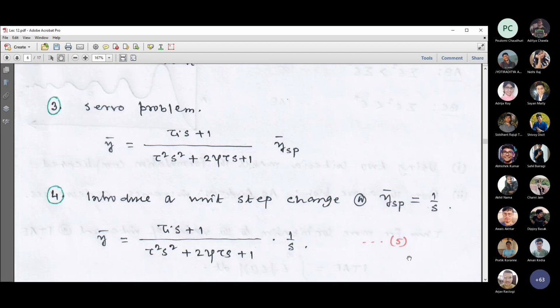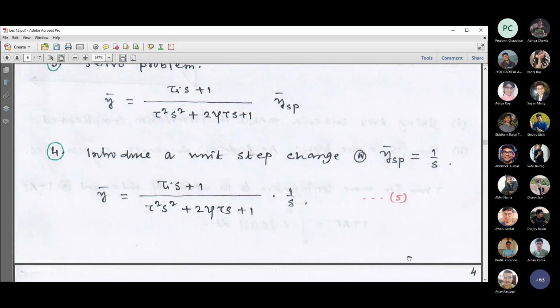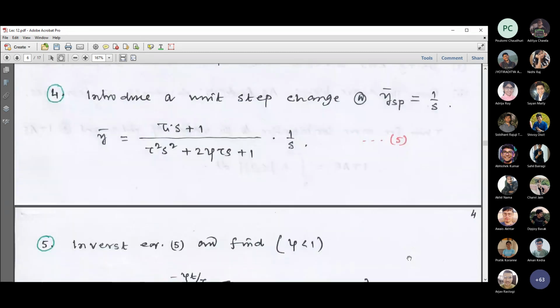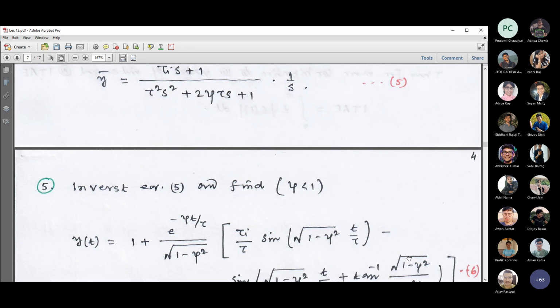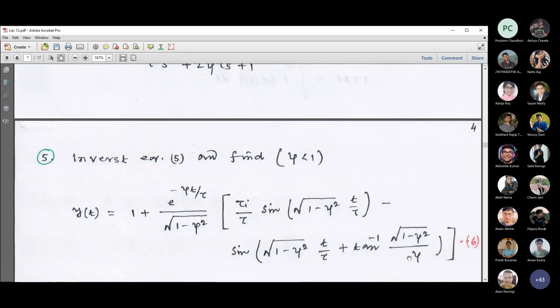Okay, now let us take the inverse Laplace transform. If we take the inverse Laplace transform, we get this equation. If you recall the time integral performance criteria, all of them require the information of error.